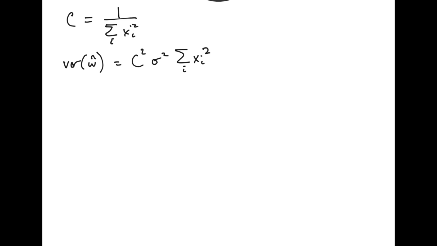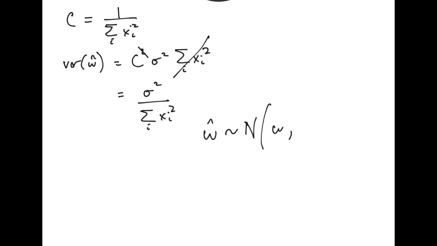So we could get rid of this and get rid of one of the c's. And now we have sigma squared over the sum over i of xi squared. Okay, and so what do we end up with? We end up with w hat is a normal with mean w and variance sigma squared over the sum for i going from 1 up to n of xi squared.